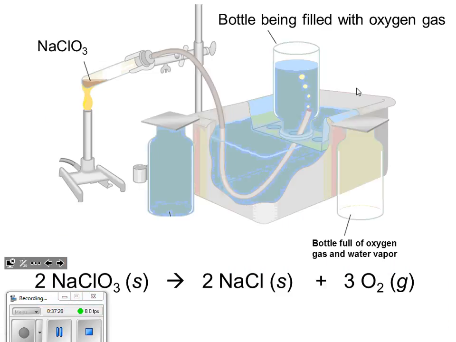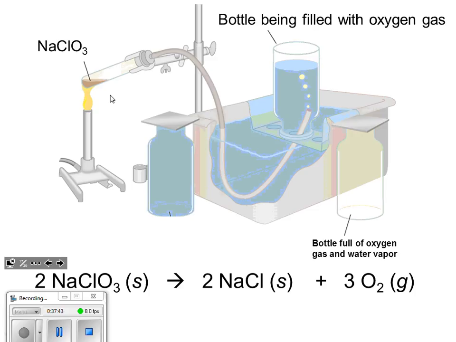So here's an equation that we're actually doing here. Here's an experiment. You probably did this in IPS. We have a test tube up here that has sodium chlorate in it.